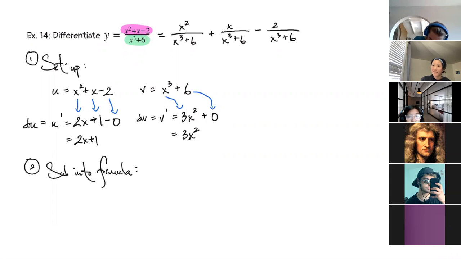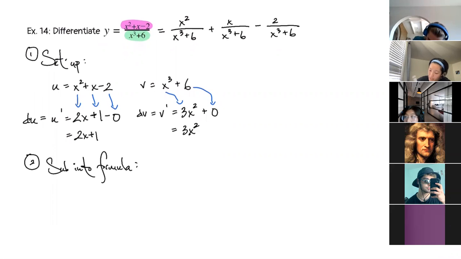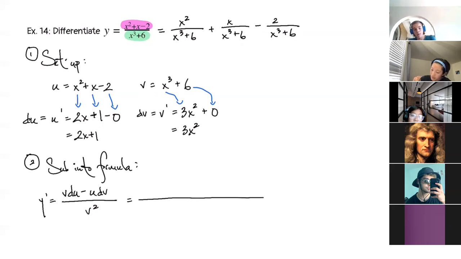All right. So now we sub into our formula. Now, because we've used u's and v's, I'm going to say that y prime equals v du minus u dv over v squared. And I'm going to be really careful to make sure that I substitute everything in correctly.